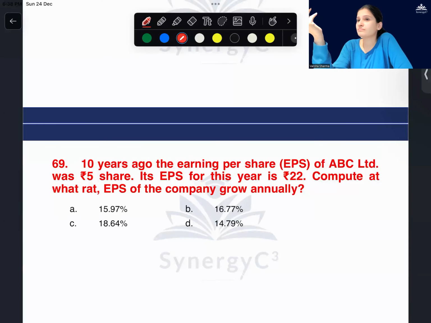Company growth. CAGR normal. Initially started with 5 rupees, it became 22 rupees. Code for trial and error. Which rate when applied to 5 rupees for 10 years will make it 22? Basic question, present value, future value.